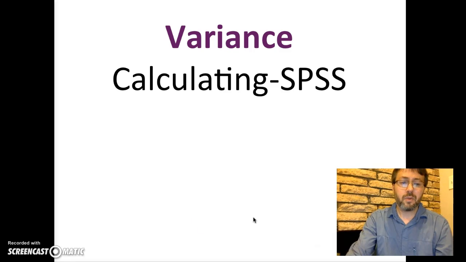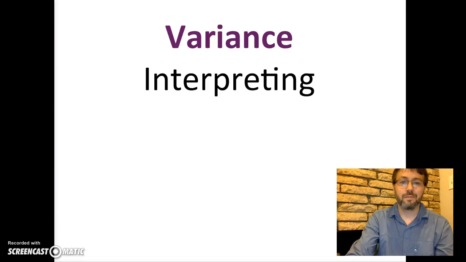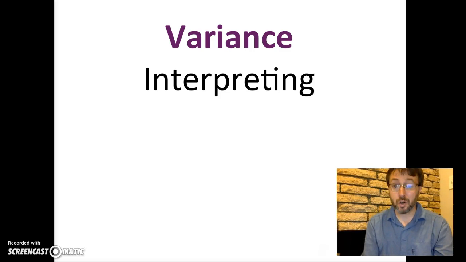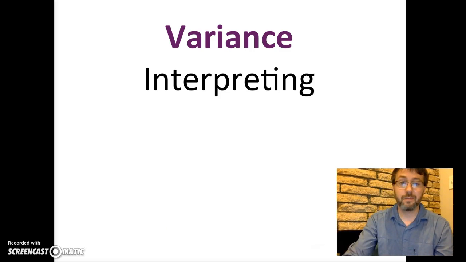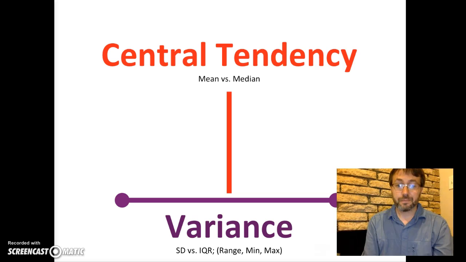So now that we've looked at the distributions and how mean, median, and mode could be used to understand the distribution, let's look a little bit at variance. And specifically, how do we interpret variance? What does it mean? Variance is the spread of data around the measure of central tendency.